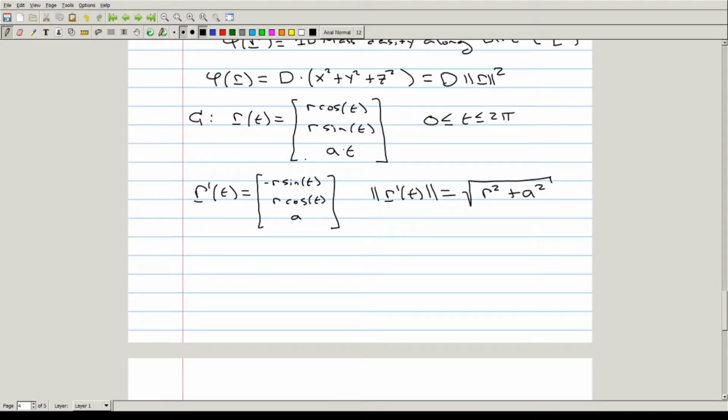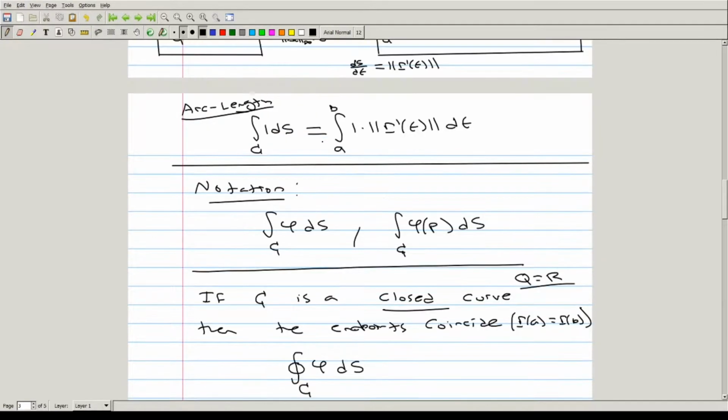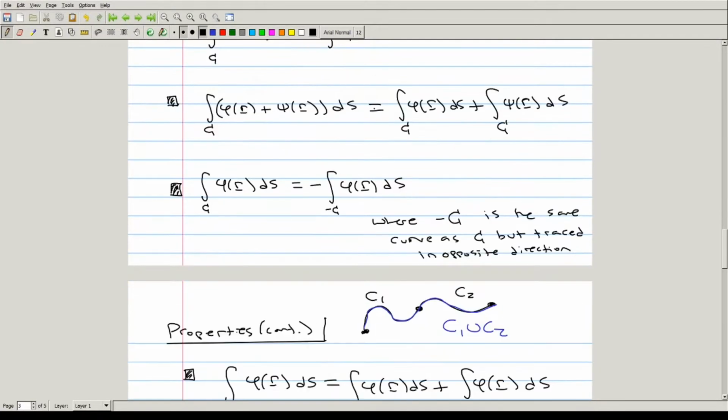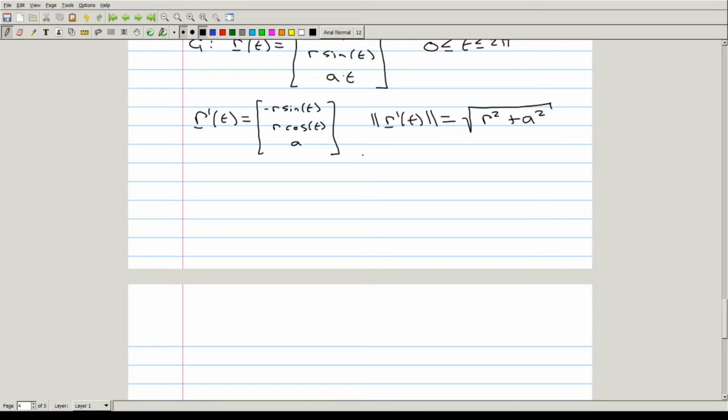We also see in this definite integral that we have phi of r of t, or the value of this scalar function at every point on the curve. So we need to figure out what that is.